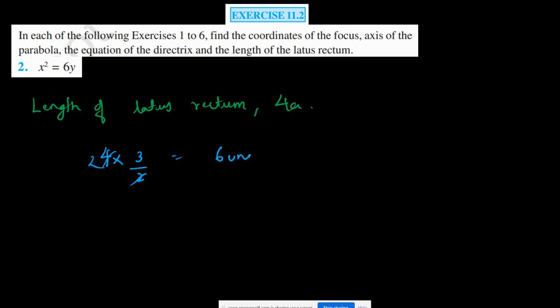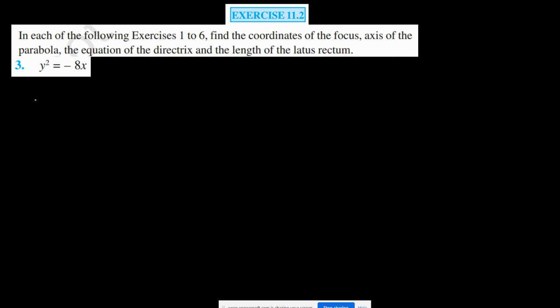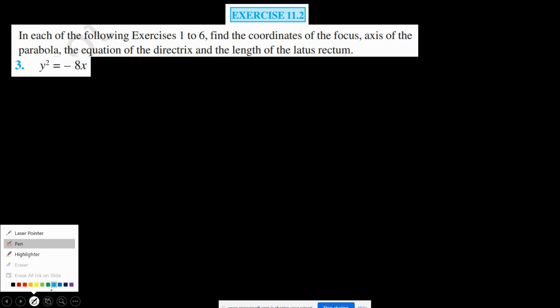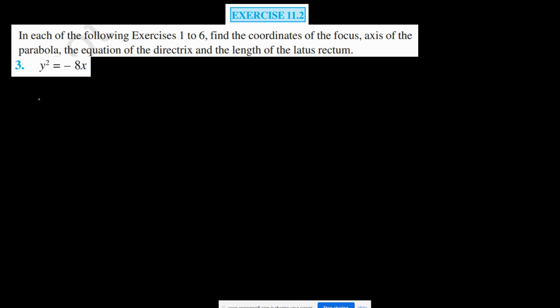The value is going to be 6 units. This will be the answer for question number 2. Moving on to question number 3, we have a negative value over here. So I'm going to solve for positive and negative values both with x and y. So only 4 possible orientations are there.